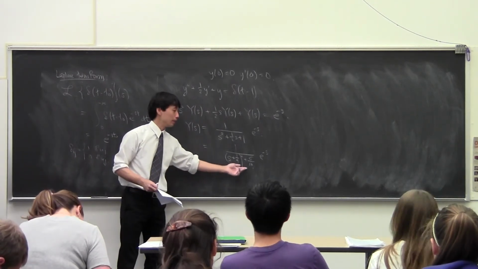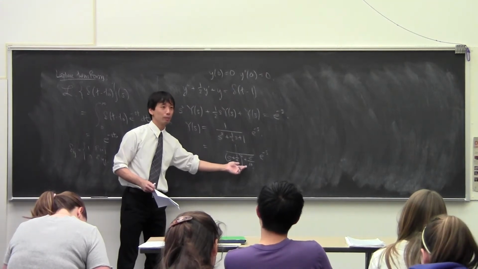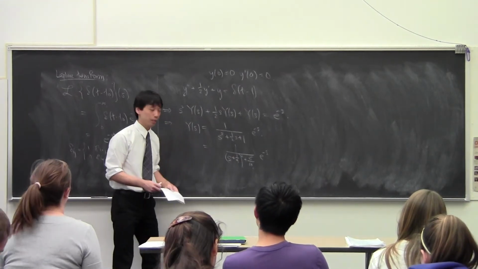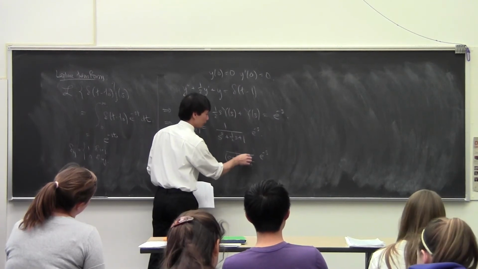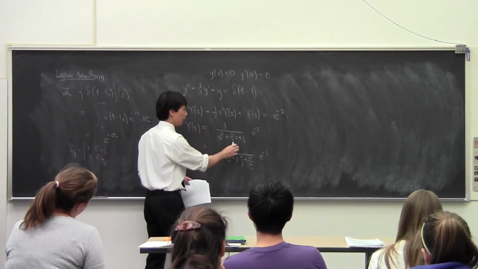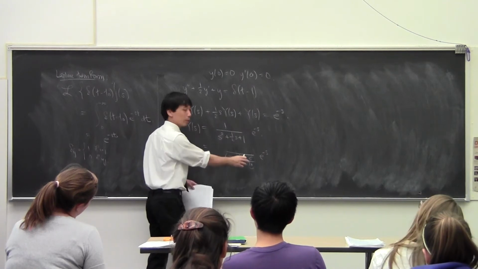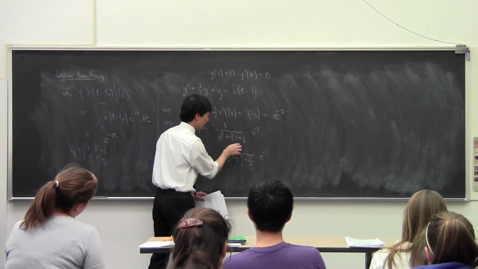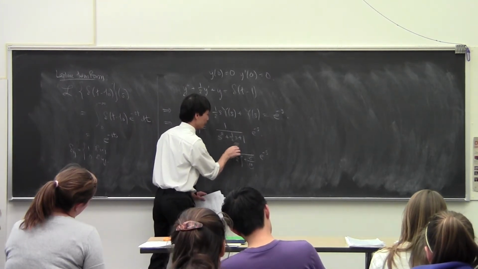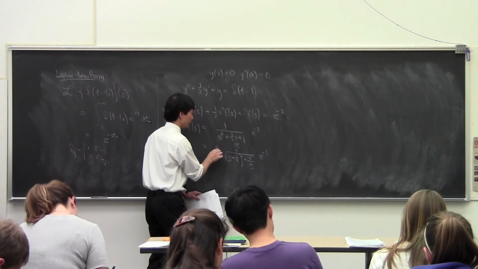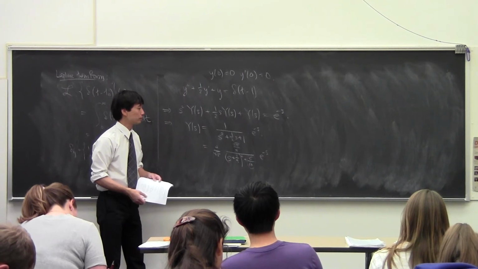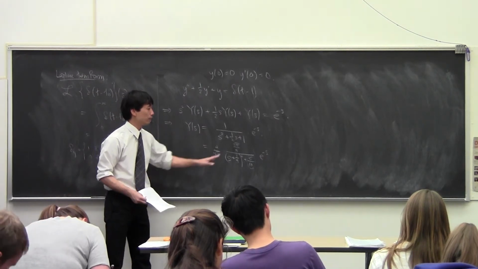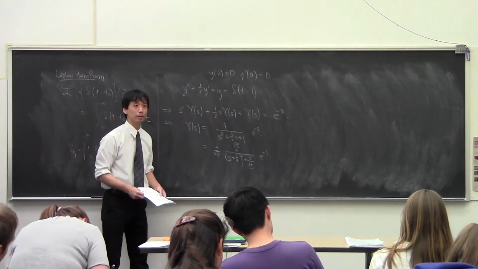And recognizing that this is something like the Laplace transform of the sine, we want this to be like a over s squared plus a squared, right? So let's put in an a here: root 15 over 4, and 4 over root 15, so that this thing is in the form.